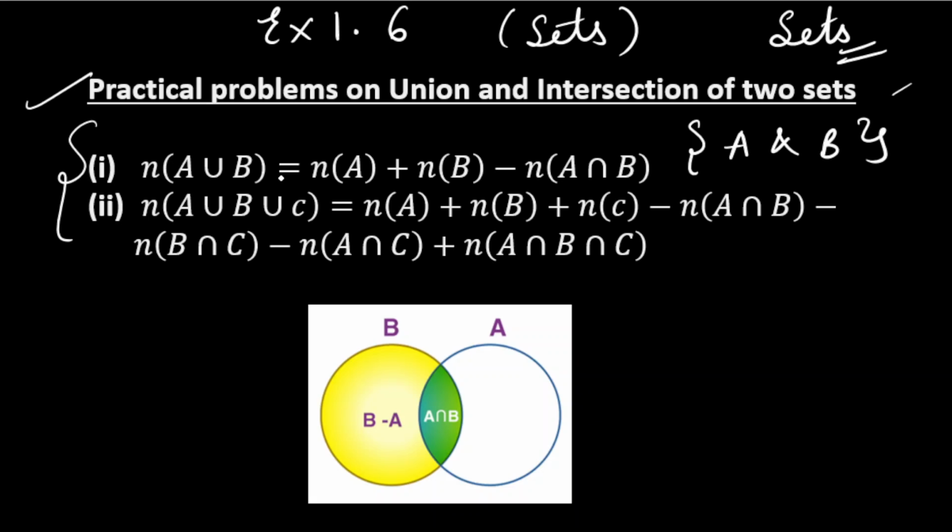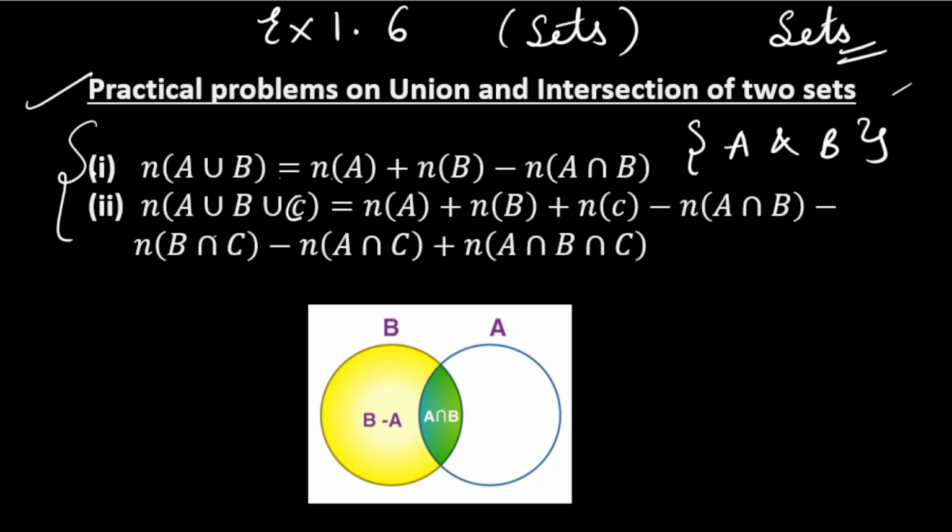So N of A union B is equal to N of A plus N of B minus N of A intersection B. And if we have three sets, then N of A union B union C is equal to N of A plus N of B plus N of C minus N of A intersection B minus N of B intersection C minus N of A intersection C plus N of A intersection B intersection C.